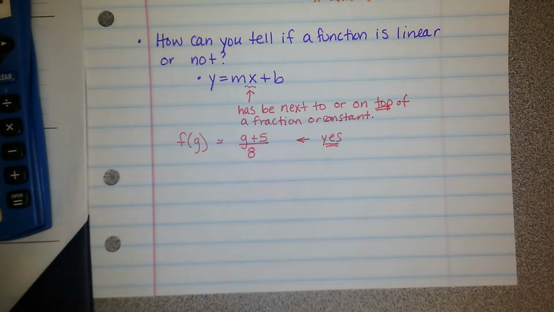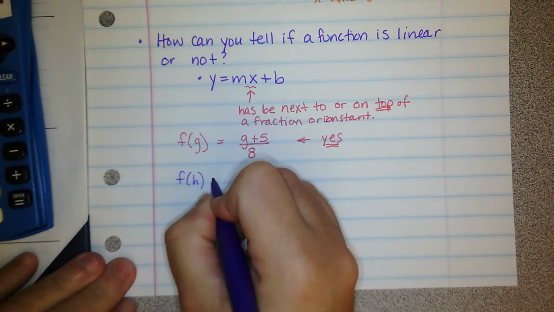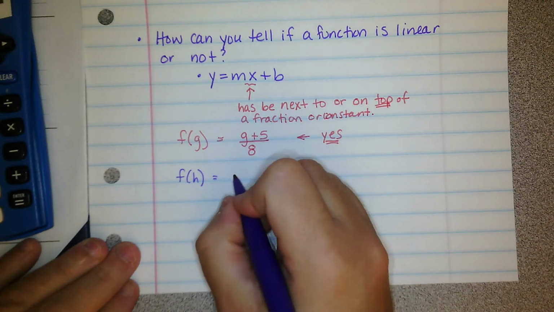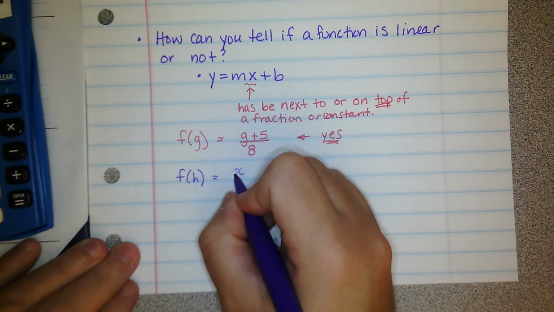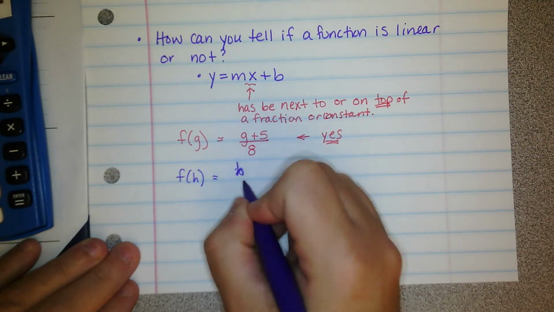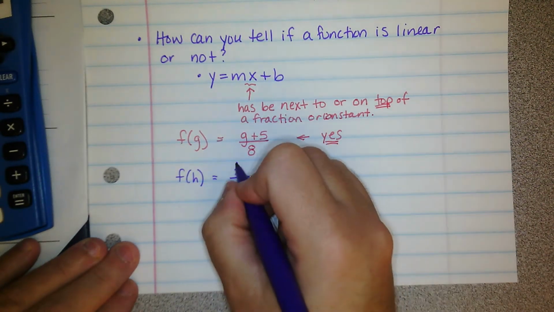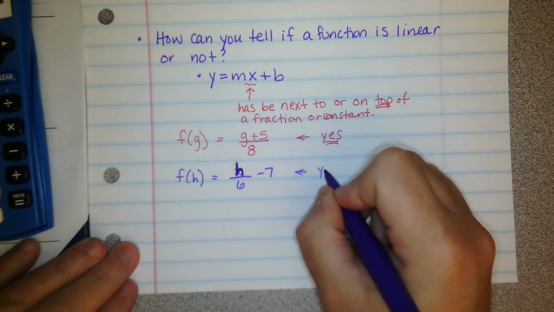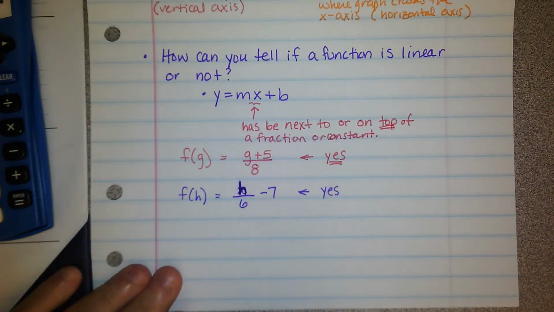If it looks like this, where you've got h over 6 minus 7, this is, yes, a linear function, because it's in the numerator or next to.